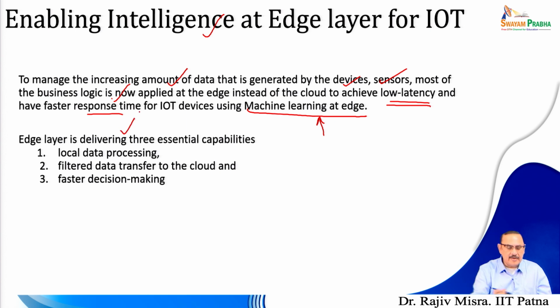Therefore, the edge layer is delivering three essential capabilities: local data processing, filtered data transfer to the cloud, and faster decision making.